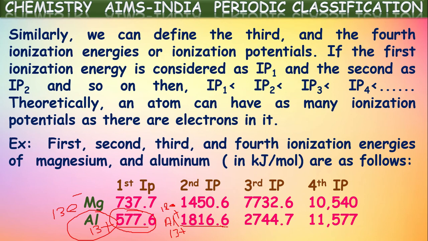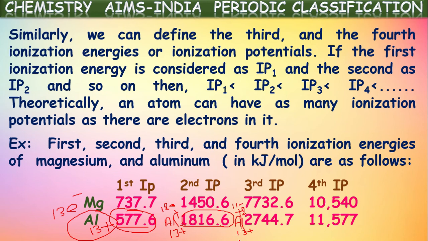If you supply this amount, the second electron is removed from the aluminium and it is converted into Al plus 2. How many electrons are in it now? Only 11 electrons, but the nuclear charge remains at 13 protons.